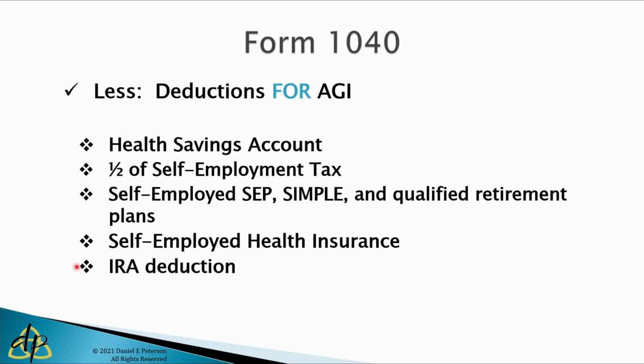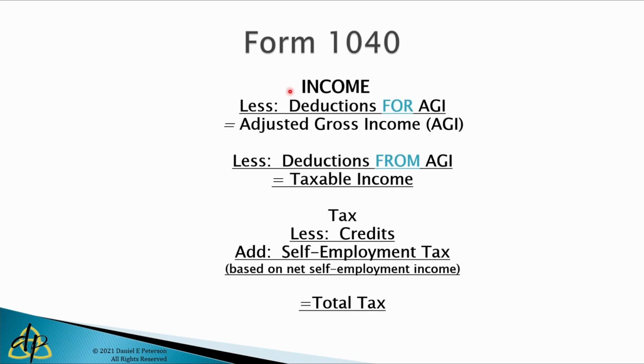So let's go back to the formula of income minus deductions for AGI. So focus in on this deductions for AGI because half of our self-employment tax, our elective deferrals for the retirement plan contribution, our self-employed health insurance, our health savings account are all deductions for AGI. So we are going to be saving federal income tax on those deductions.